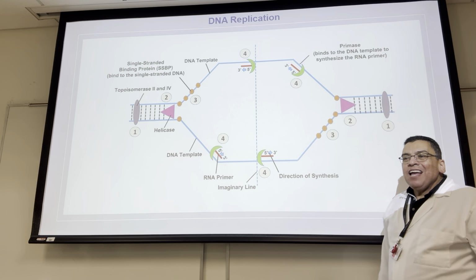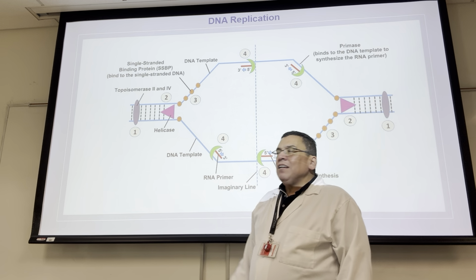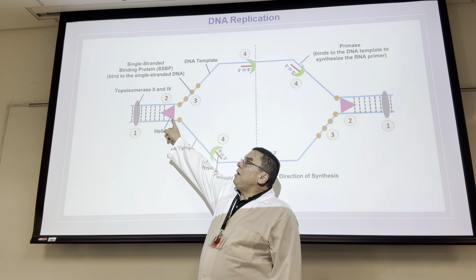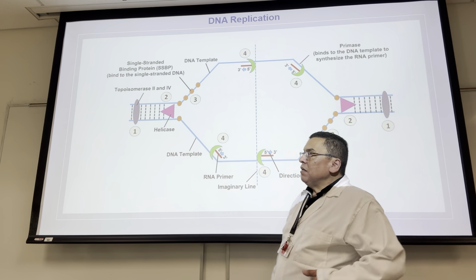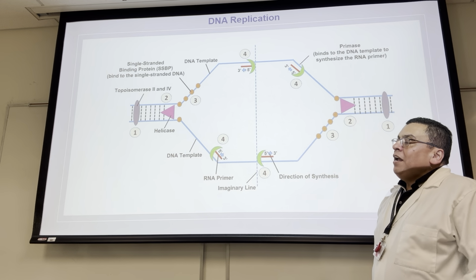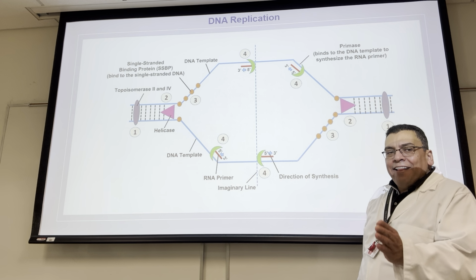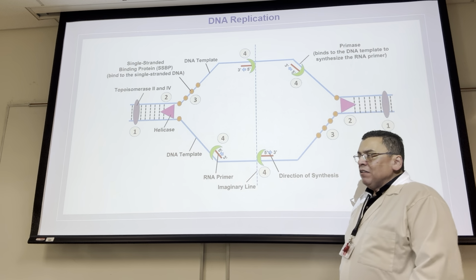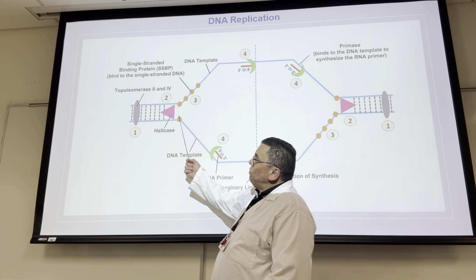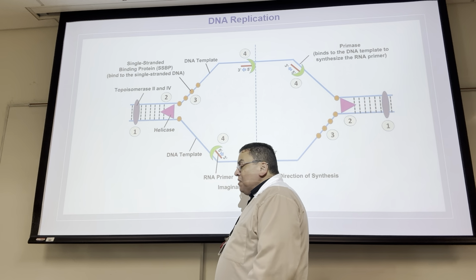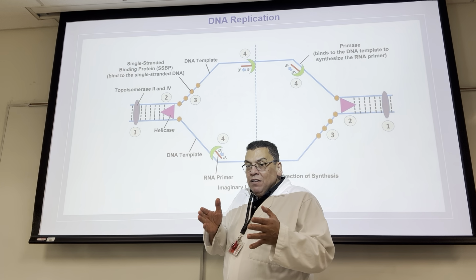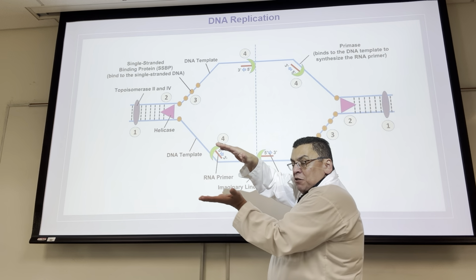All right, the next enzyme that comes in is this guy right here, helicase. Helicase is going to sit at the fork. And that's what it's showing you here. And now, watch what it's going to do.